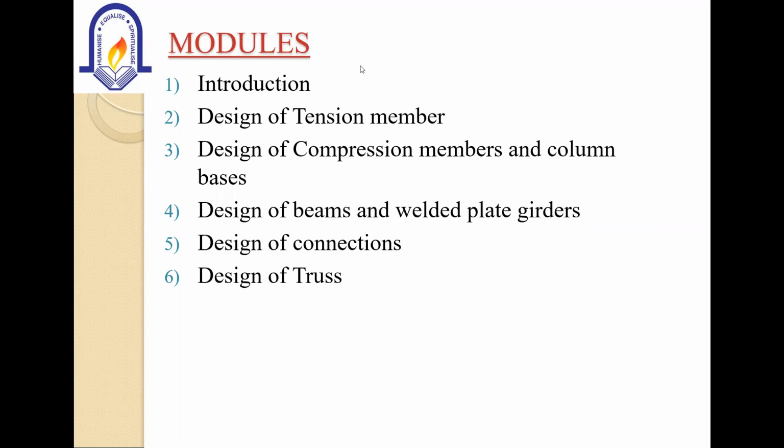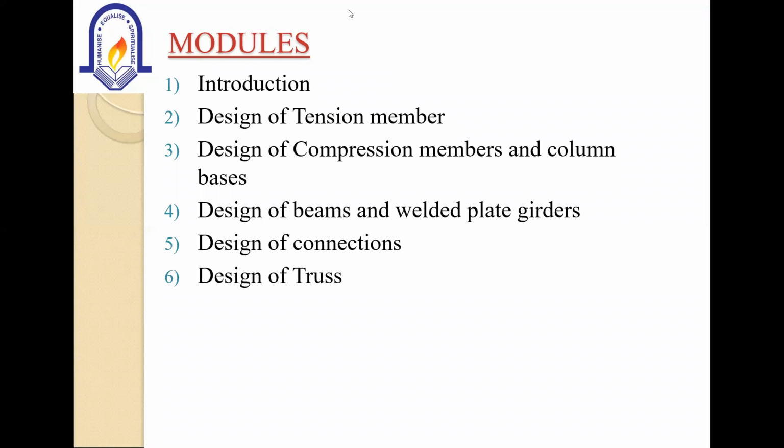For welded plate girder, a compulsory question is there for minimum 12 to 14 marks. Then the fifth module is the design of connections. I have already told you that there are two main basic types of connection, that is the bolted connection and the welded connection. So the fifth module will comprise the design of bolted connection and the design of welded connections.